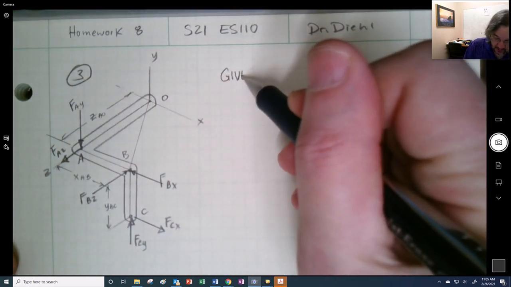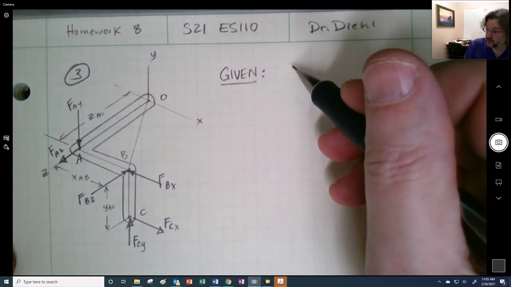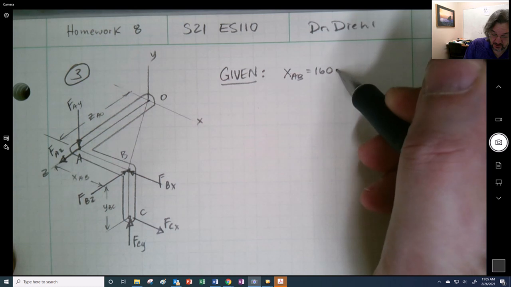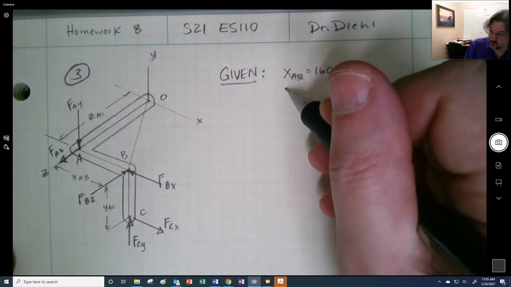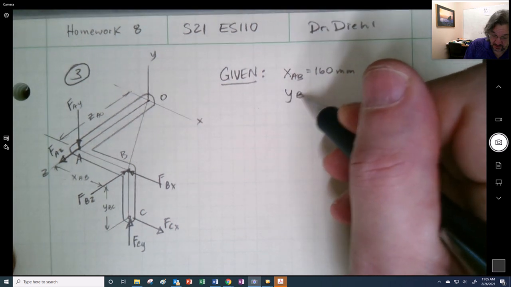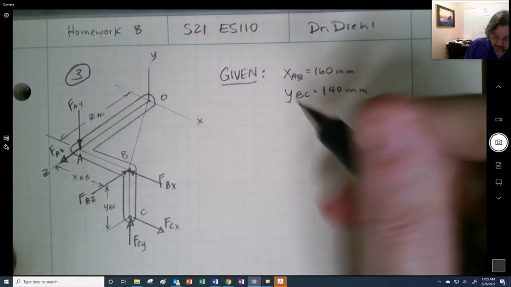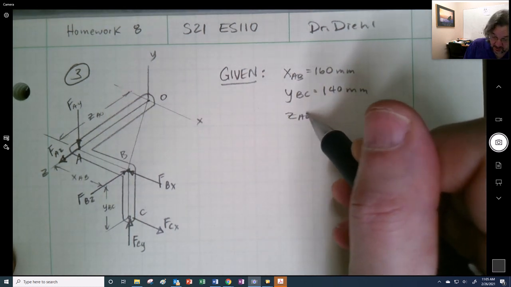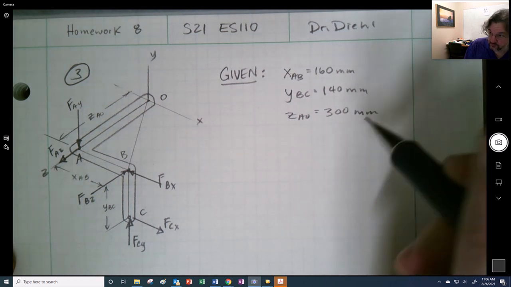we want to get the moment in part B. The given: we say that XAB is 160 millimeters, YBC is 140 millimeters, using these lines right here. ZAO is 300 millimeters.